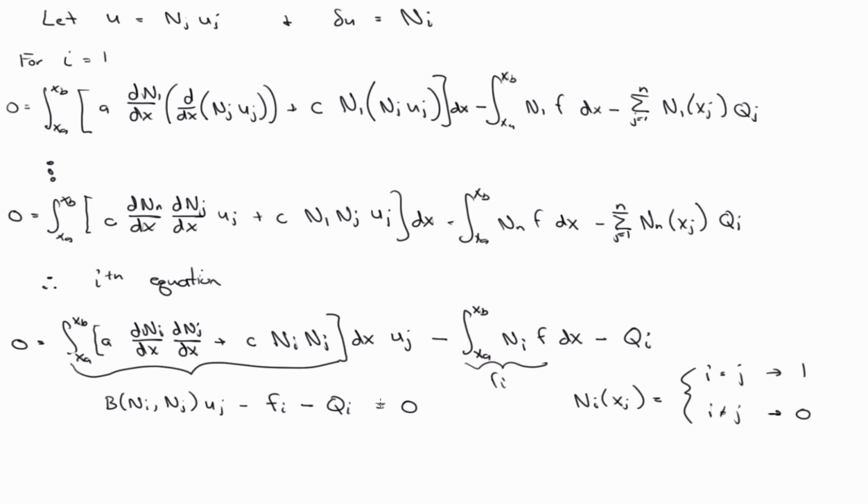Okay. And then a lot of times, especially in mechanics, we'll write this thing as k_ij u_j, and then if we call this whole thing f_i, now we just have a matrix equation to solve.